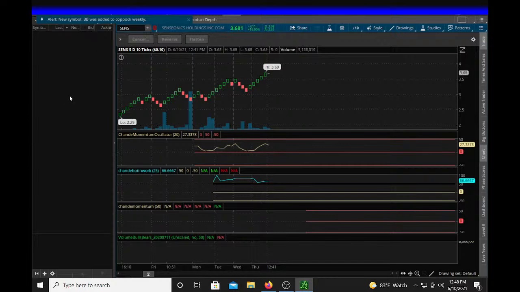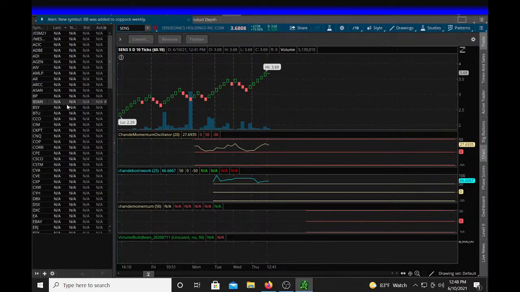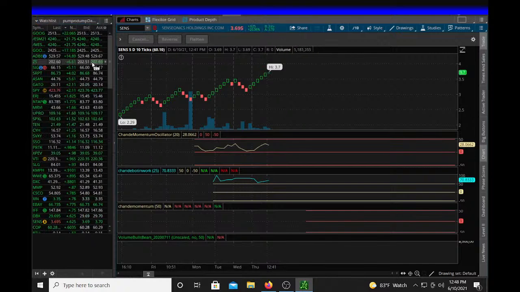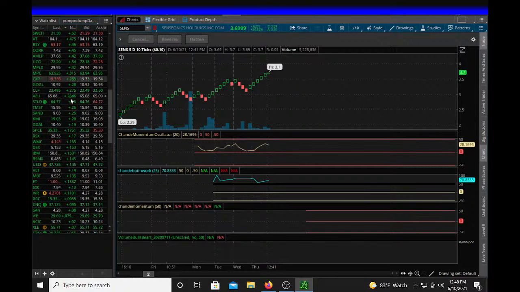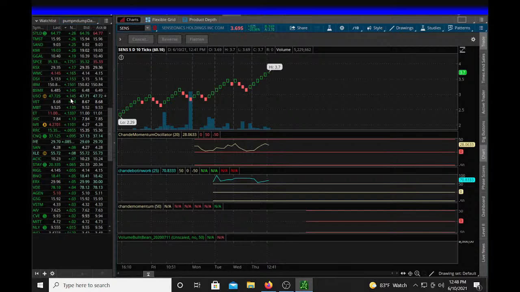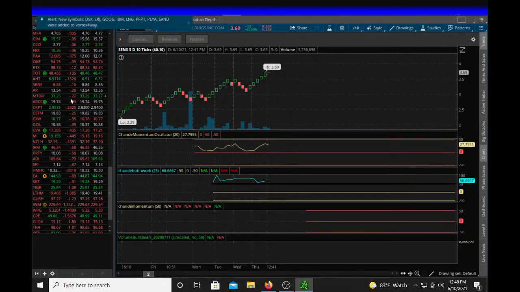BB was added to the Kapok weekly. Wonderful. So they got BlackBerry to start moving. Once it gets above the midline on the Kapok curve, that's when things really start to take off. Of course, this is the pump and dump, so we are getting lots of stocks being pumped and then they're going to dump.